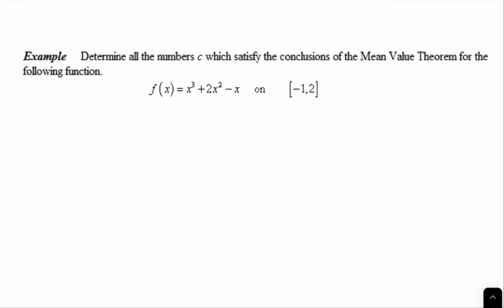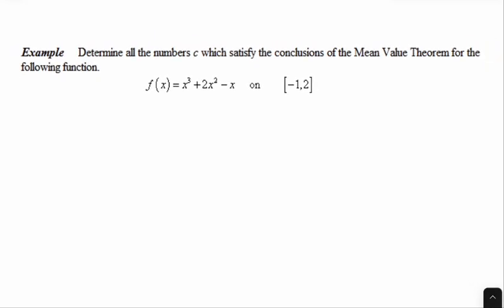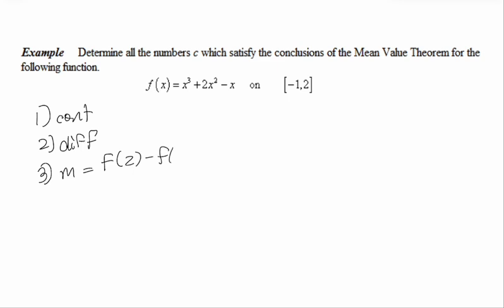Let's take a look at this one. Determine all the numbers c which satisfy the conclusion of the mean value theorem for the following function. So remember, it's continuous, it's differentiable. Let's find the slope between the endpoints. So we're going to do f of 2 minus f of negative 1 over 2 minus negative 1.